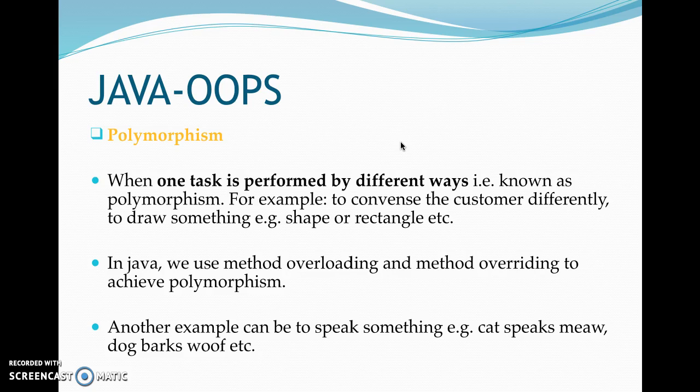When we call the speak method from the cat object of the cat class, it will be meow, while in the dog class, if we call the speak method, it would be woof. So that's how polymorphism helps us.